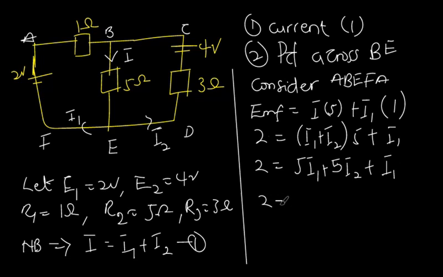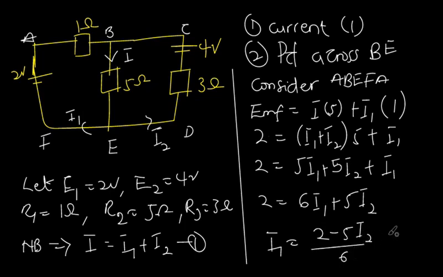So we have 2 is equal to what? 6I1 plus 5I2. Okay, so let's quickly make what? I1 the subject over here. So making I1 the subject, we have what? We send this over to the equal to sign. So we have 2 minus 5I2 then divided by 6 as our equation 2. So this is what we have for our equation 2.